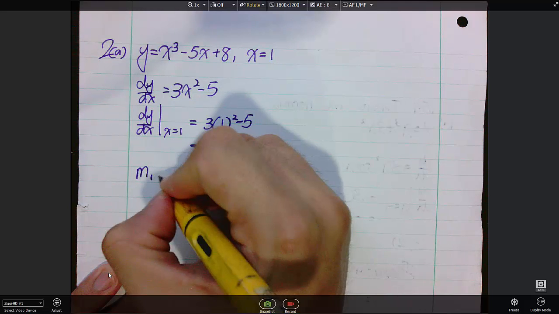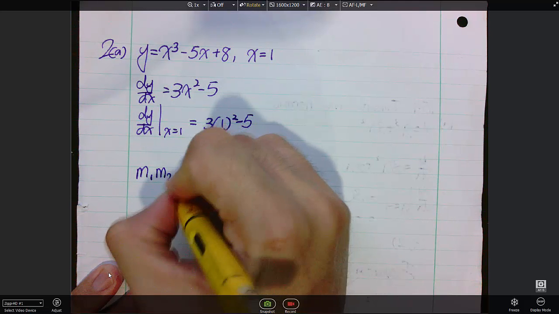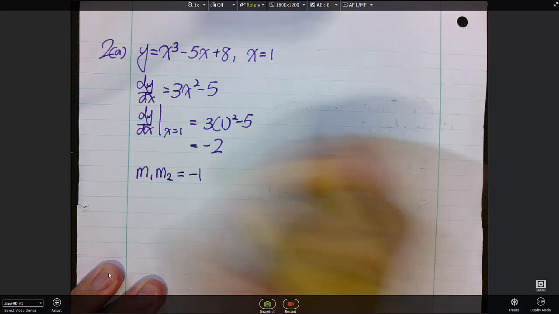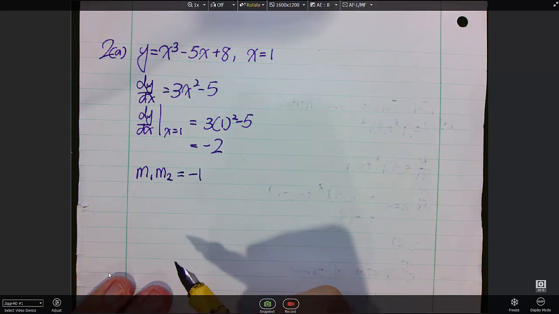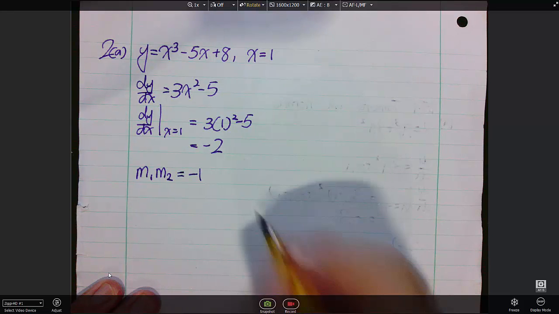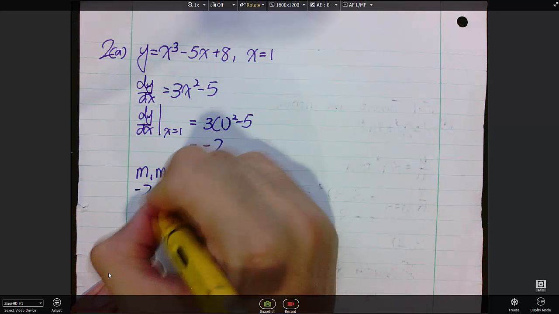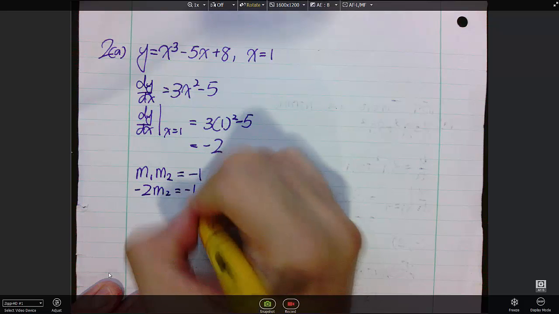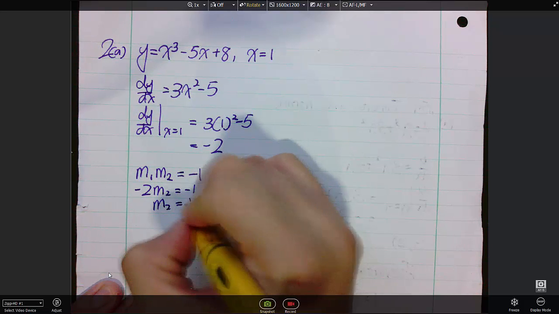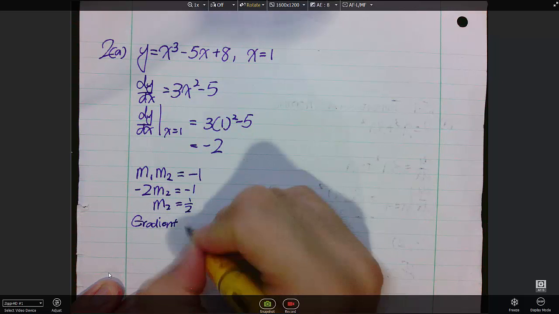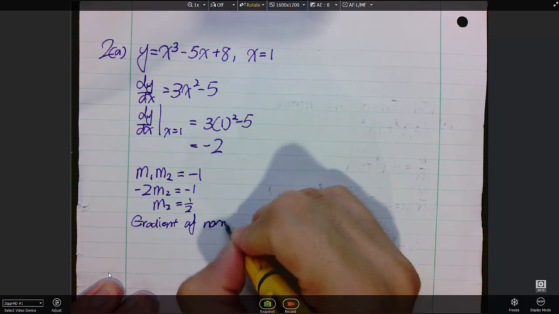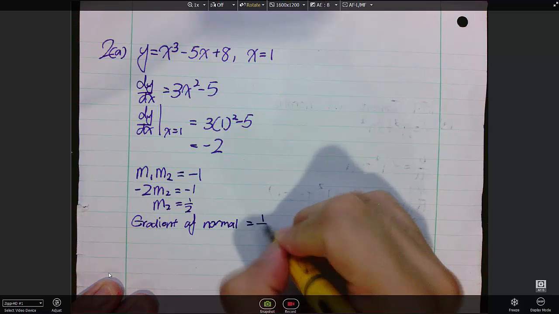We know that the product of gradients, m1 times m2, equals -1, so we can find the gradient of the normal. I say -2 times m2 equals -1, so m2 equals a half. So the gradient of the normal is a half.